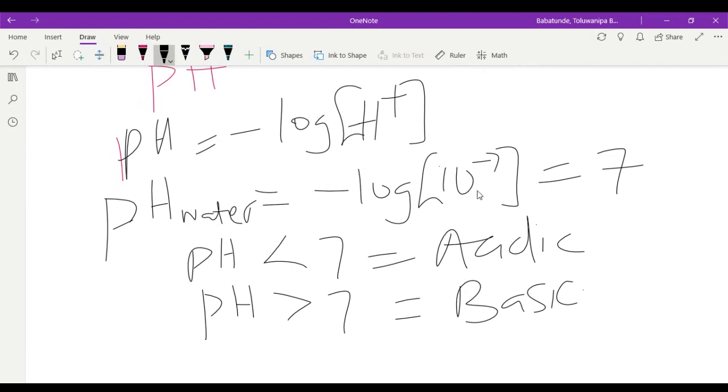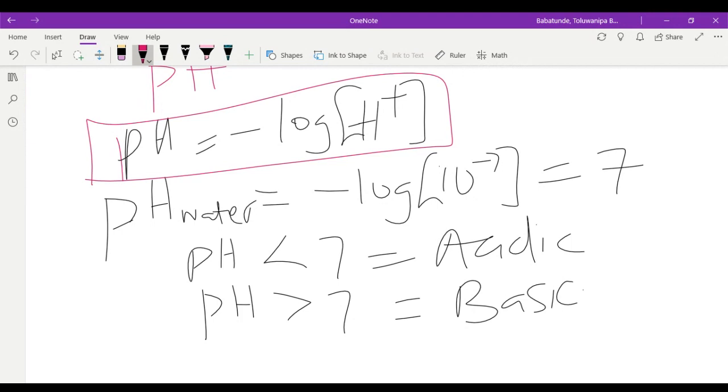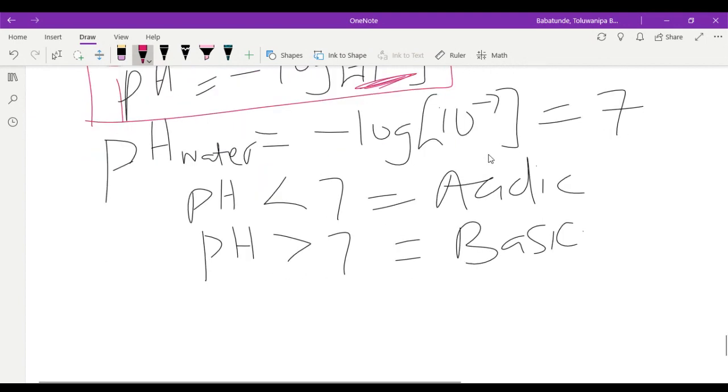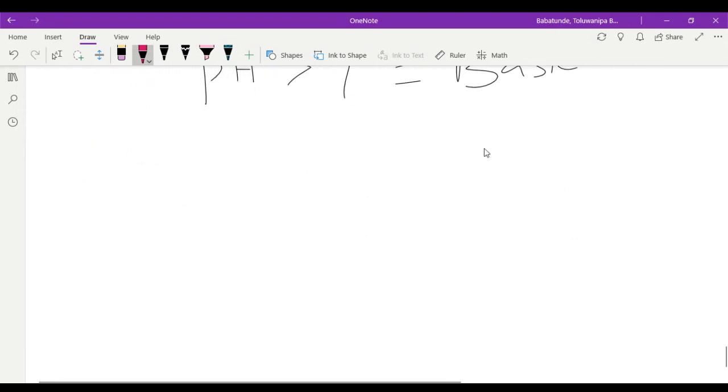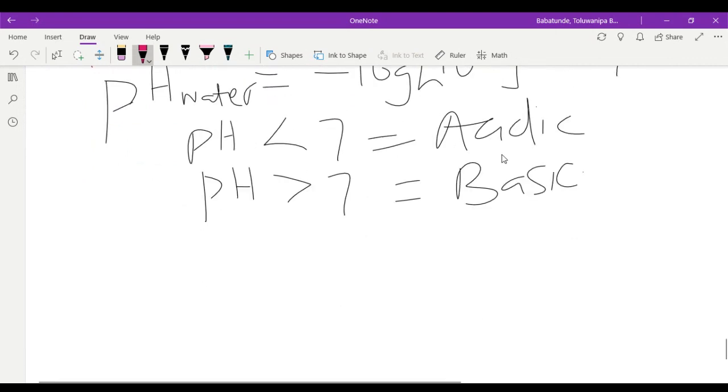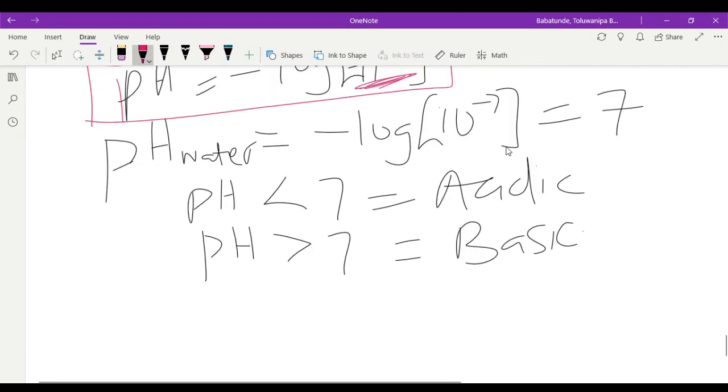We use this relationship to find the pH of our solution. For you to know the pH, we need to know what our hydrogen ion concentration is. Very important.